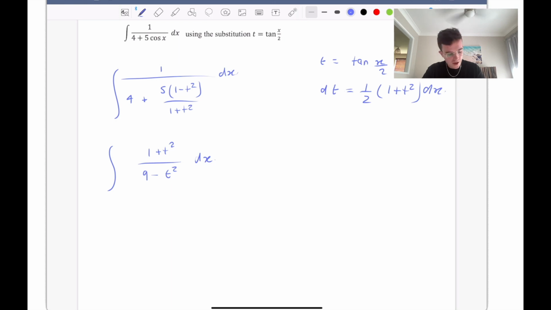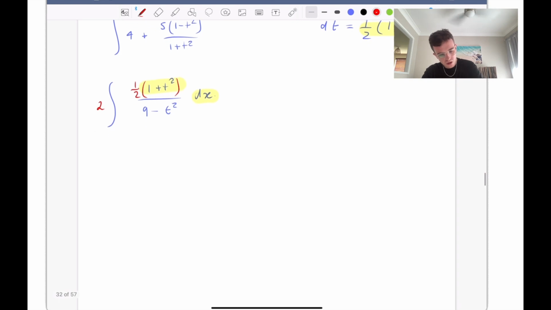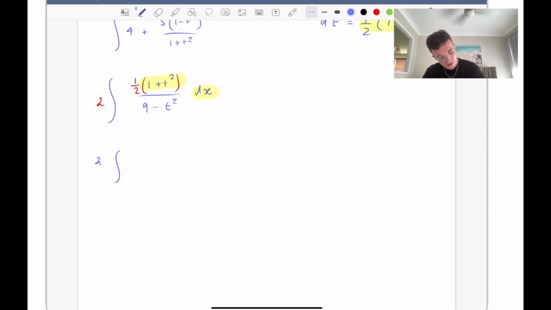So what we might do here is put a cheeky little 1/2 here. If we do that, we need to put a 2 here, and there we go. Now this here is now that. So we can say this is 2 lots of the integral of dt on 9 minus t squared.